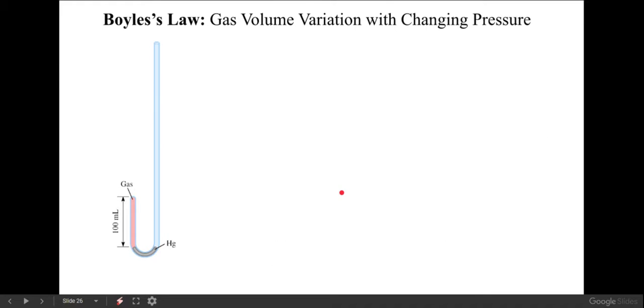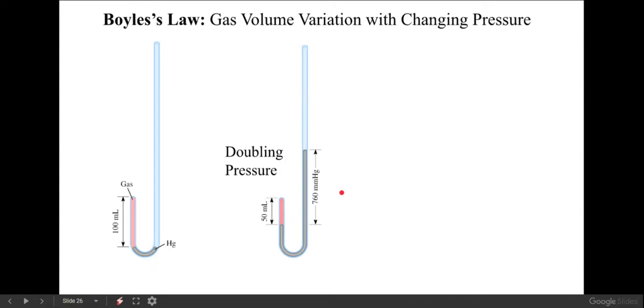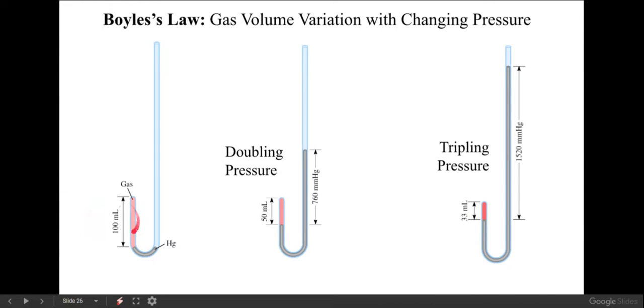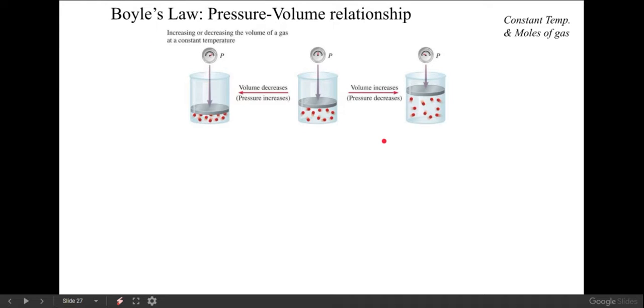So the first one is pretty simple. If you apply more pressure to a gas, what you'll find is here we're seeing the volume drop from 100 to 50 to 33 as more mercury is added. And so very simply, as pressure goes up, the volume of the gas goes down. So the more force you exert, we're going to see higher pressures and lower volumes.